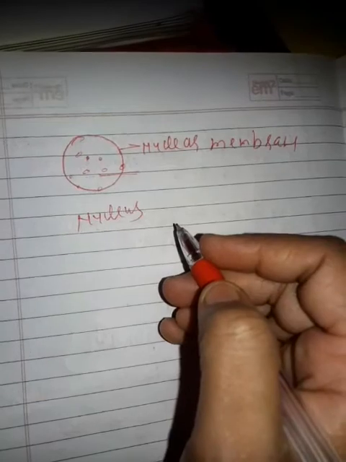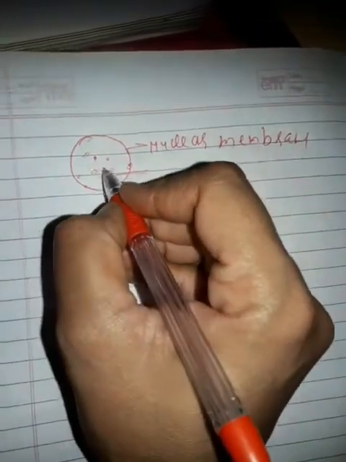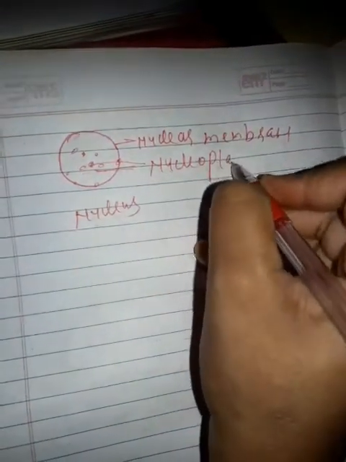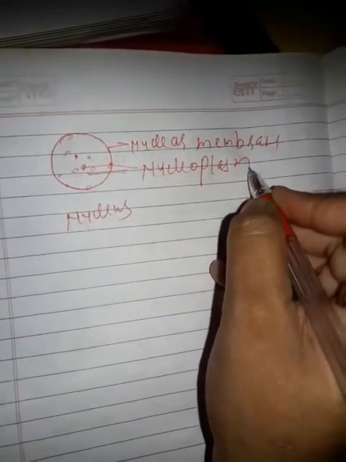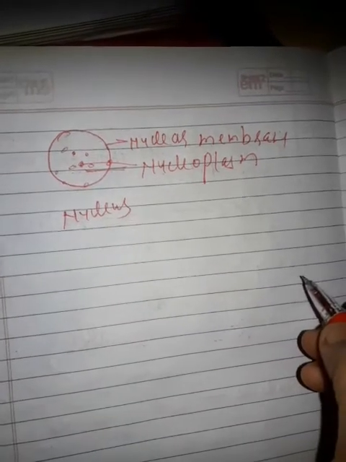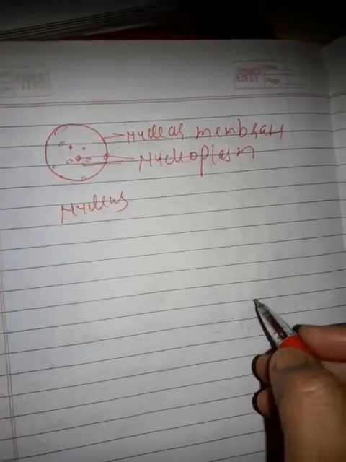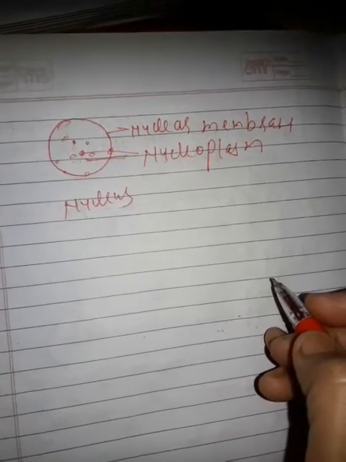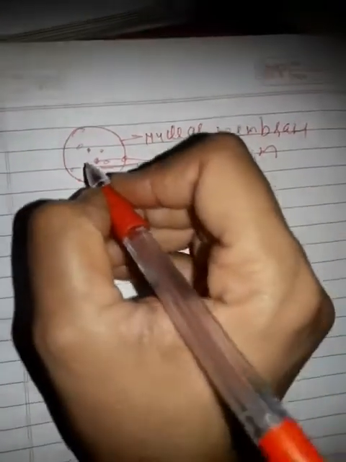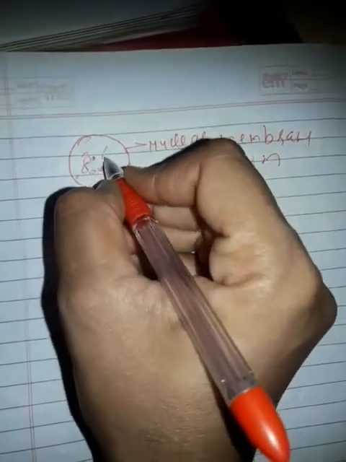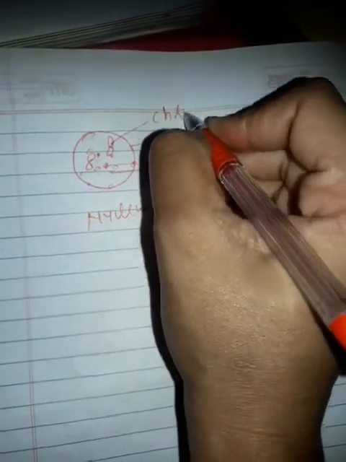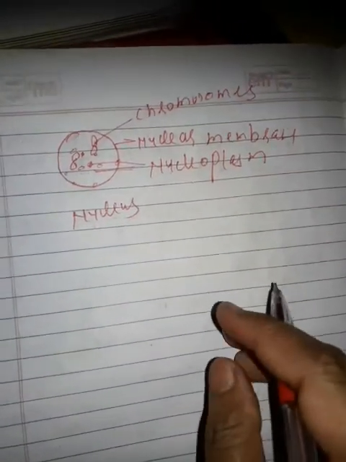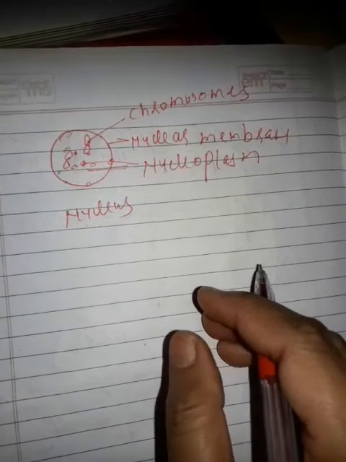The jelly-like fluid inside the nucleus is called the nucleoplasm. Chromosomes and nucleoli are present in the nucleoplasm.